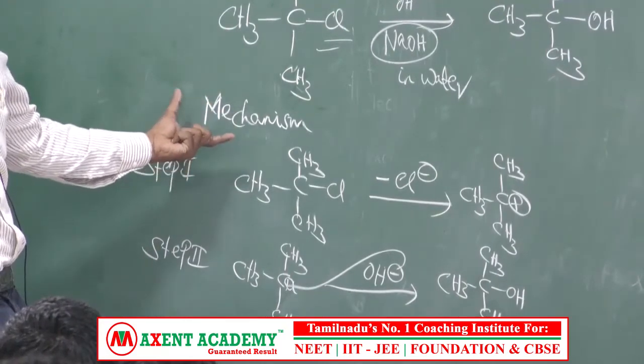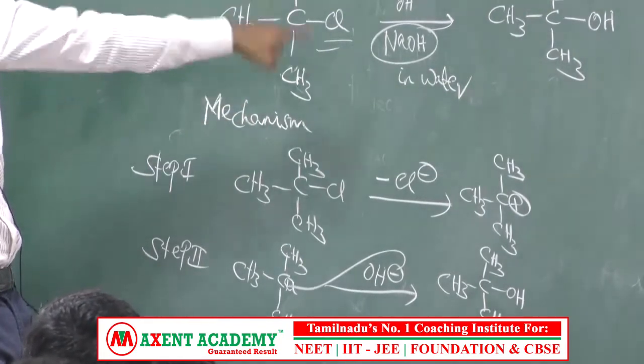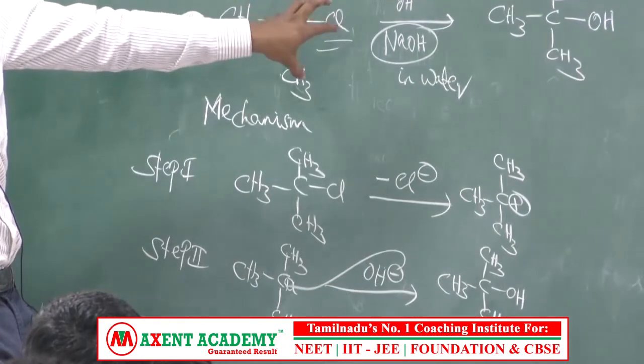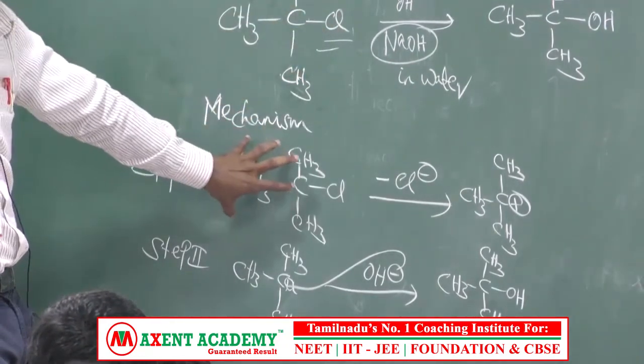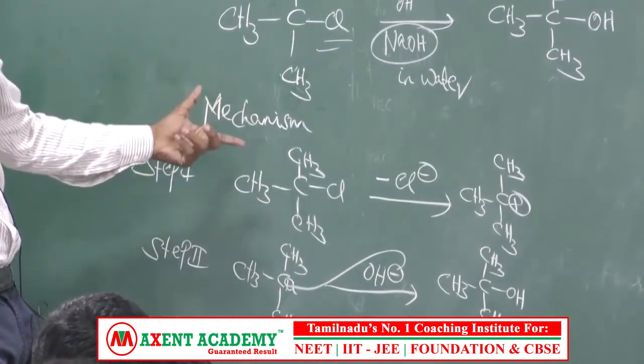Here the slowest step is formation of carbocation. That rate totally depends on the concentration of alkyl halide, so I consider it a first order reaction and a unimolecular reaction.